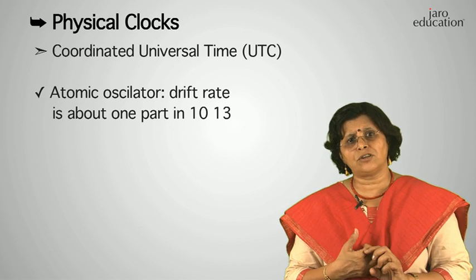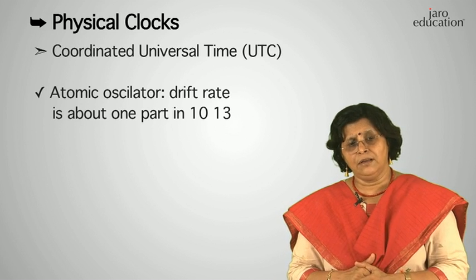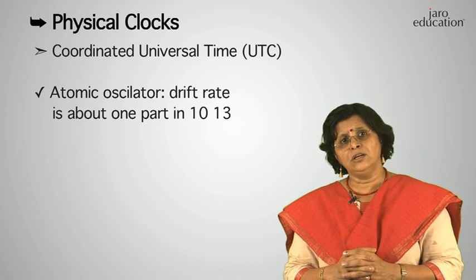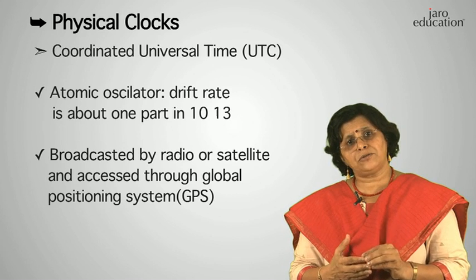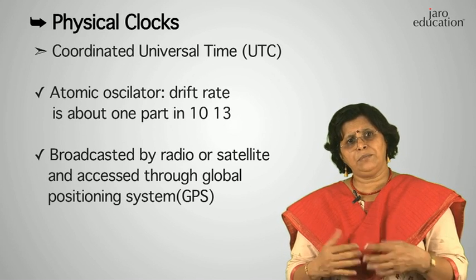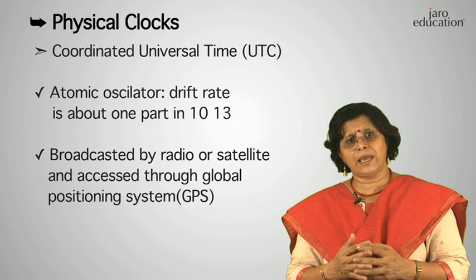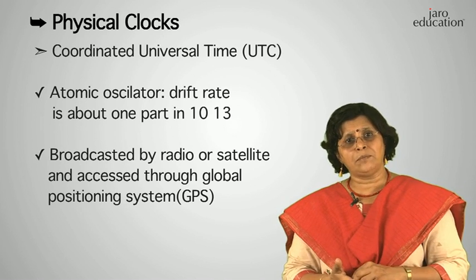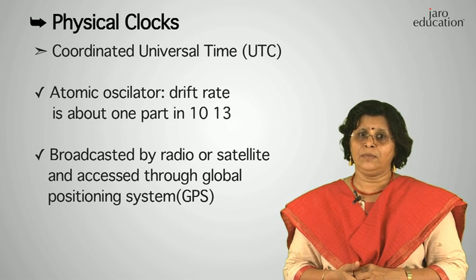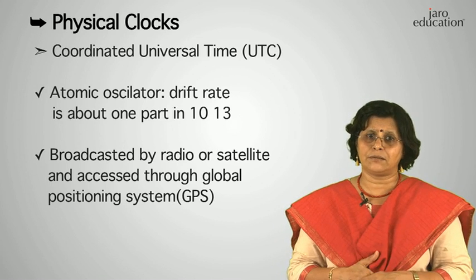Now it is not a quartz oscillator, it is an atomic oscillator. The main function of this oscillator is to keep on broadcasting the time to everyone around, and it is also activated through the GPS. So any particular machine across the world will be able to match with the UTC time and calculate its own time and adjust its own time. That's how the physical clock is adjusted.